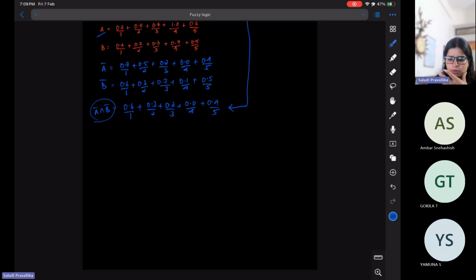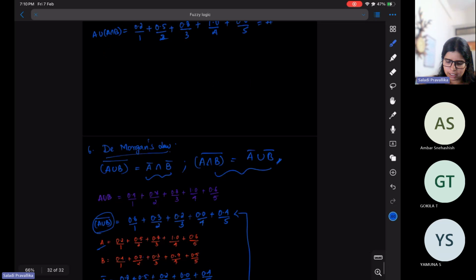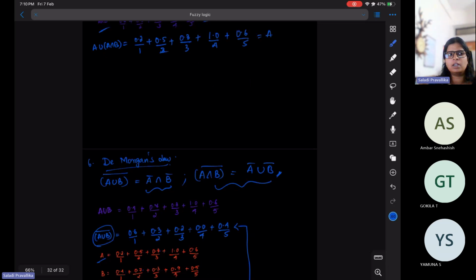From this week's class, what I would suggest is to remember what properties a fuzzy set does not follow, and how to calculate the union between two fuzzy sets, how to calculate the intersection between two fuzzy sets, and how to calculate the difference between the two fuzzy sets. These are important for you, especially when you attempt your exam. So have a grip on the properties and the other three.